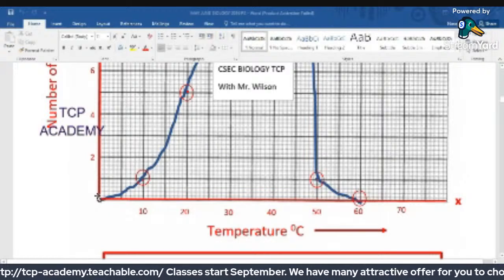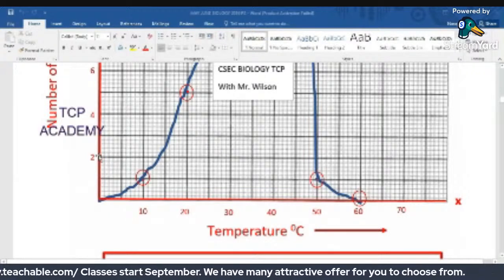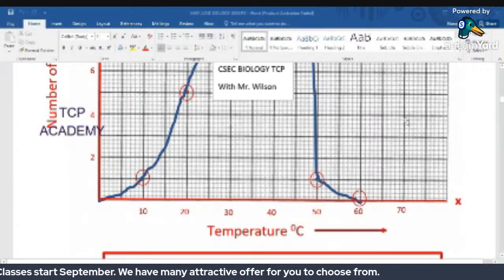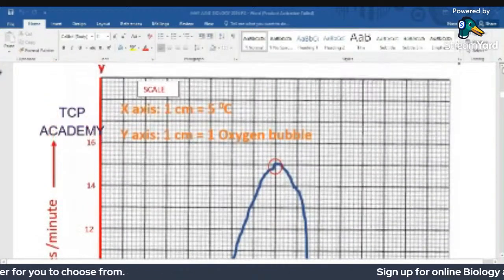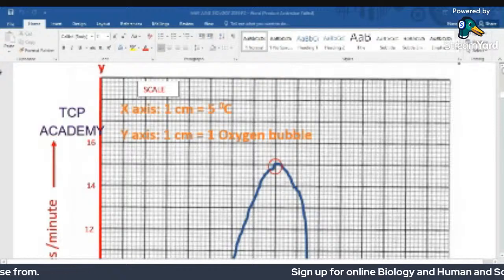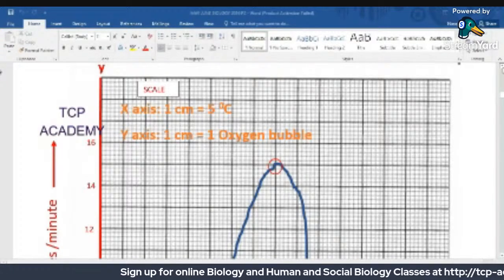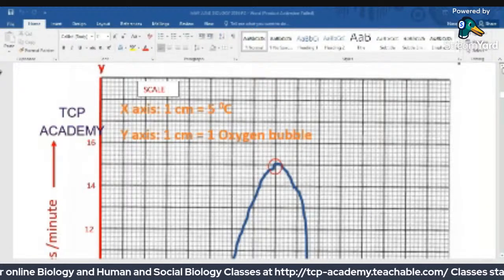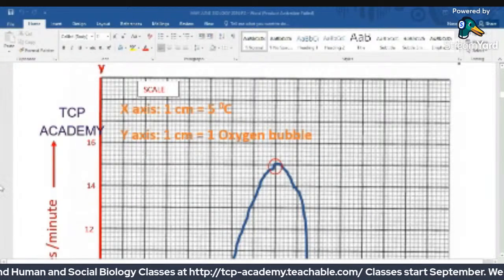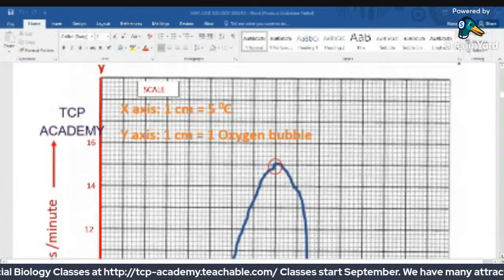Here we're saying that 1 centimeter represents 5 degrees Celsius, and on the y-axis, 1 centimeter would of course represent 1 bubble, and you can pick that information up on the table.